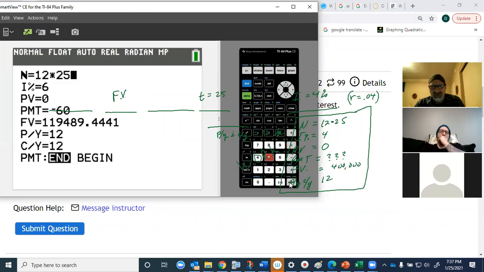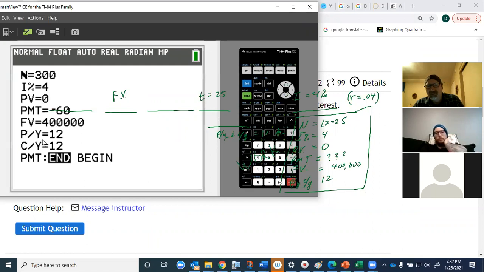It's 25 years. They said 4%. Our present value is 0. Our payments we don't know, so I can just leave that as -60 if I want, or 0. The future value, didn't they say they wanted 400,000, right? And then it's already on payments per year at 12 and 12. So now we'll go up to payments and we'll hit alpha, solve.